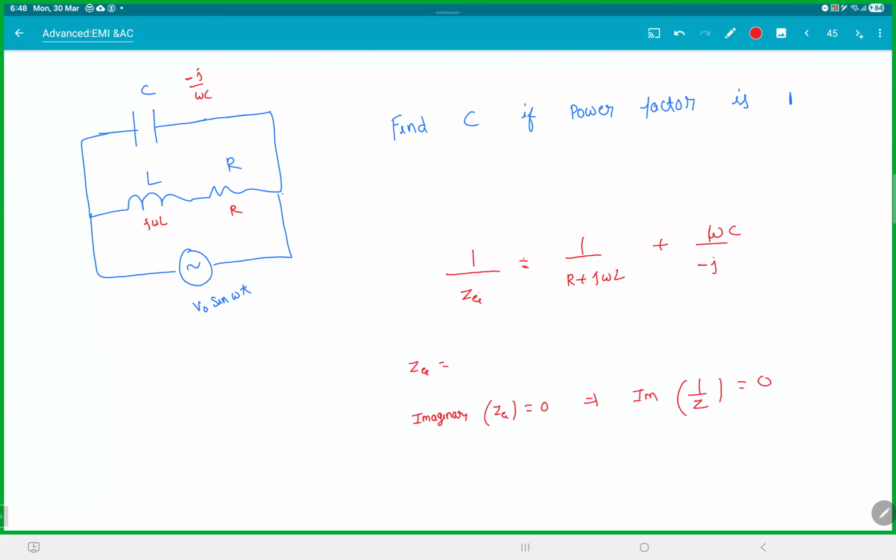You're getting it? Instead of flipping it and solving, you can leave it like this, get the real part, get the complex part, and then just argue with the statement. If Z equivalent's imaginary part is 0, then 1 by Z's imaginary part is also 0. You're clear with this? That means I need not solve for the whole thing. I'll just keep it like this. Then this term will be r minus j omega l, and the denominator will become r square plus omega square l square.